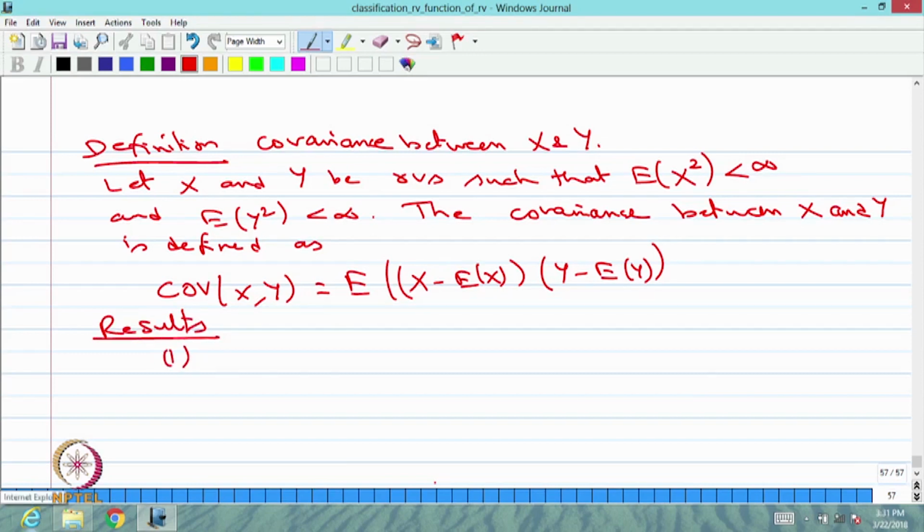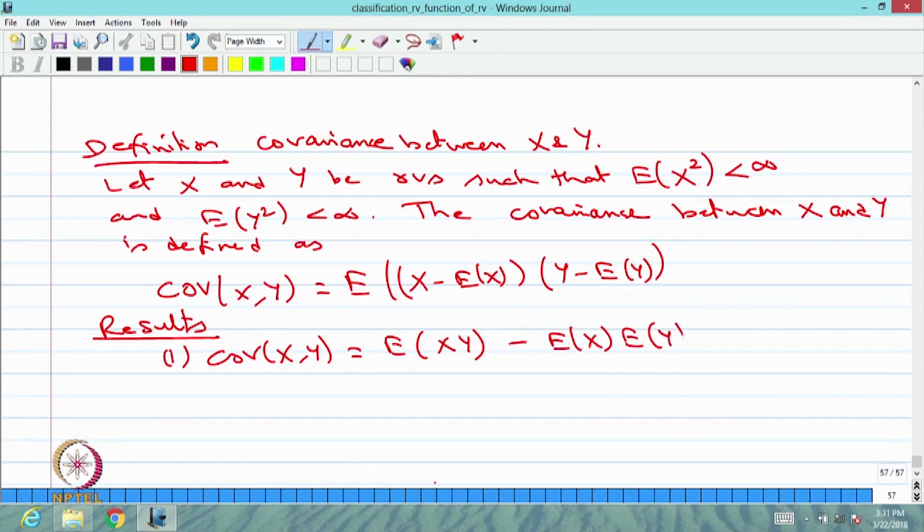Either you can compute it as expectation of x into y minus expectation of x into expectation of y, or if you expand, that is x into y, x into expectation of y, similarly expectation of x into y, then expectation of x into expectation of y, the covariance of any two random variables is the same as expectation of x into y minus expectation of x into expectation of y.